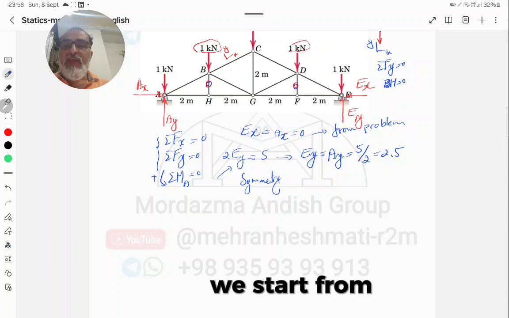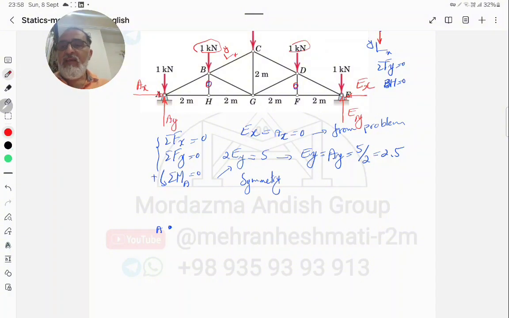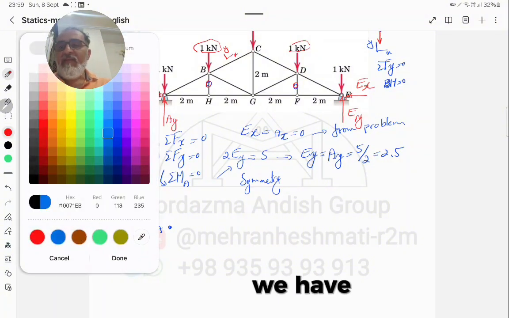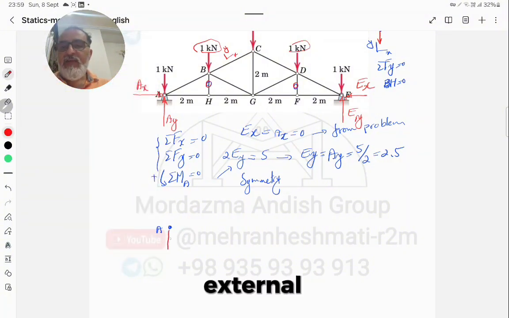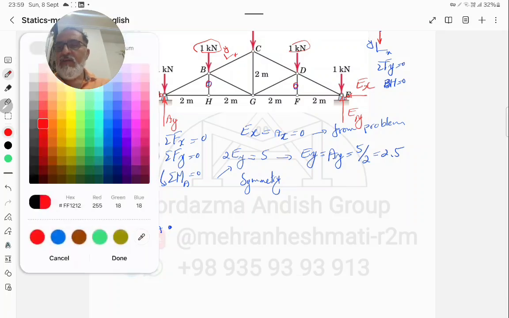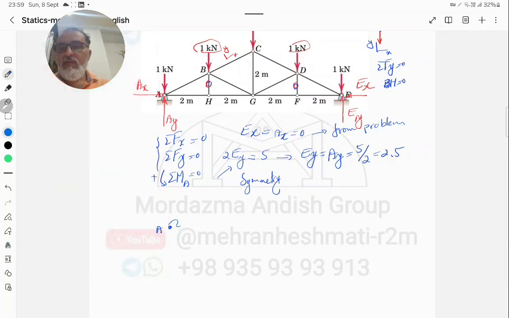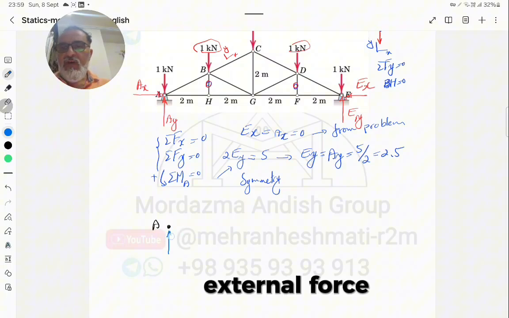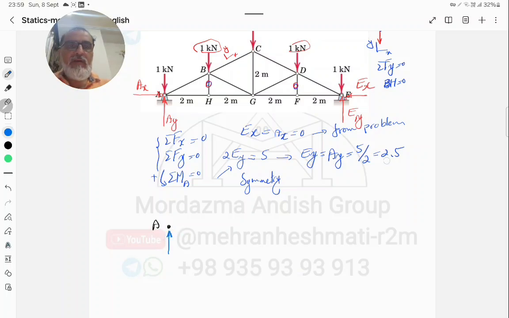We start from A. Yes. For joint A, we have an external force of 2.5, and it's known.